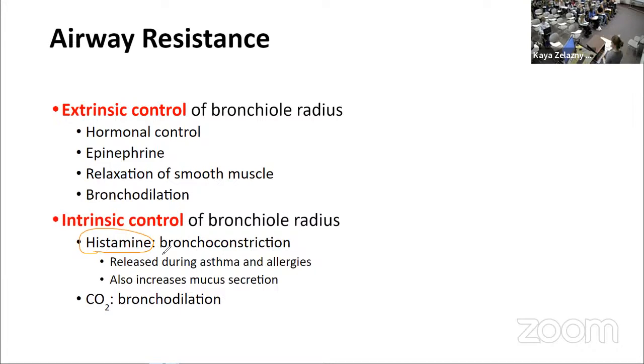If you think about asthma, allergies, inflammation, I like to think about histamine as kind of an immune response. It's reacting to you breathing in something that your body saw as a threat, so it does not want you to keep doing that. It wants you to stop breathing in whatever this threat is, so it's going to constrict down those airways so that you don't breathe in more of it. At least that's how I remember this. So histamine is going to cause bronchoconstriction, a narrowing of the airways.